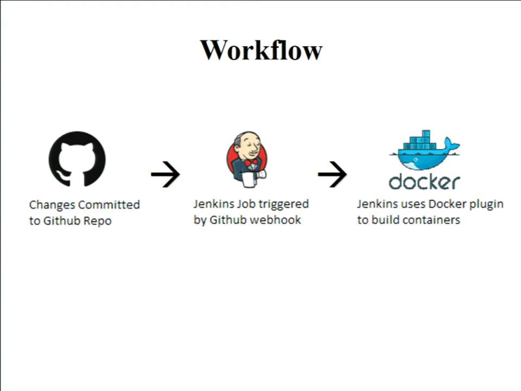So this is the general workflow. We're working with code in GitHub. We push a change to GitHub. Jenkins sees that change and triggers some jobs. Jenkins uses Docker to build those jobs, and then back to Jenkins, back to Docker, and we end up with a running application.